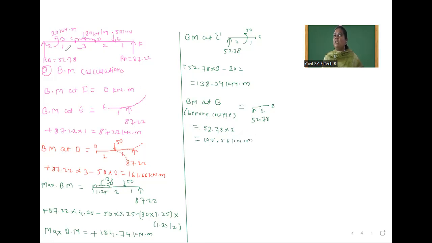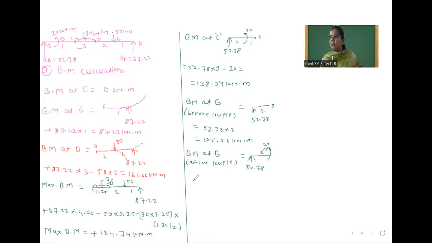Now we will calculate at B, but after couple. Bending moment at B, after couple. Which is equal to, okay, I will draw the figure here. This is 52.78, and here this couple is there, 20. This couple pushes downward here.